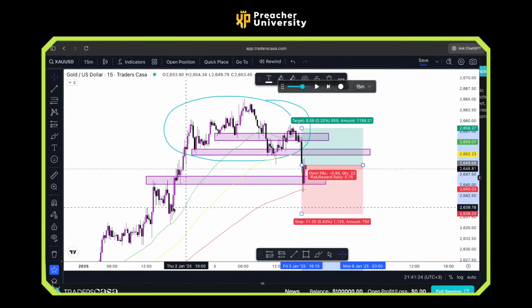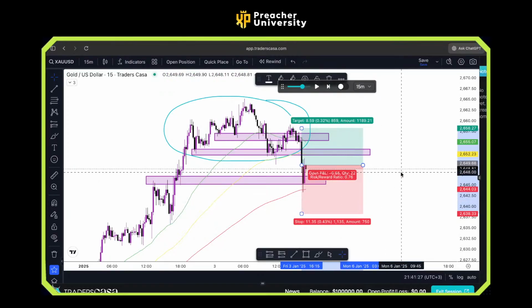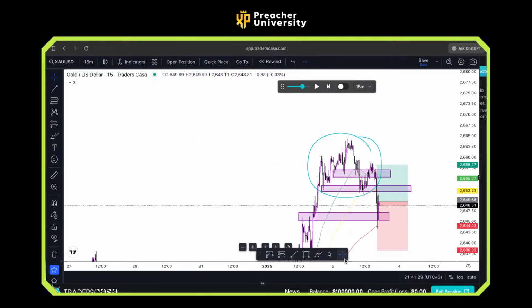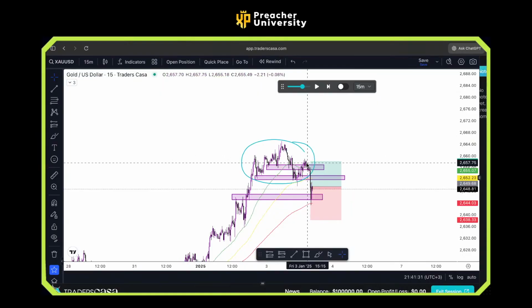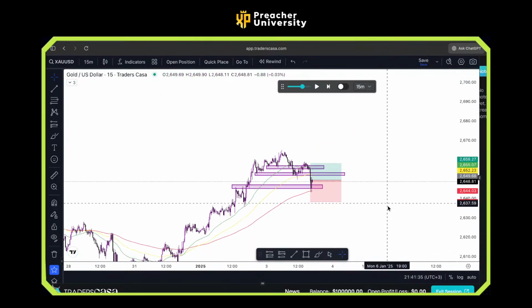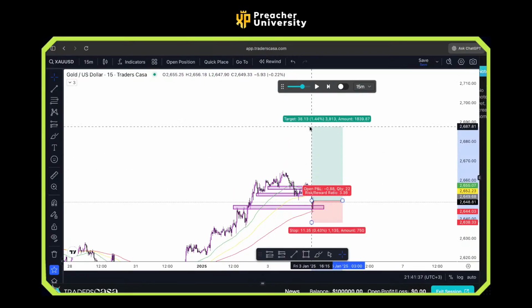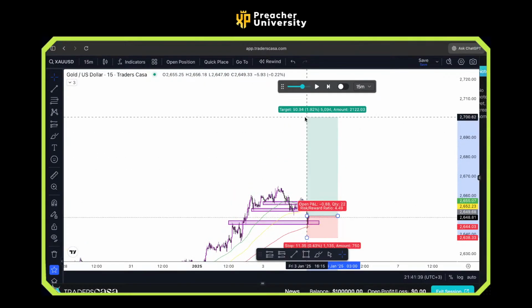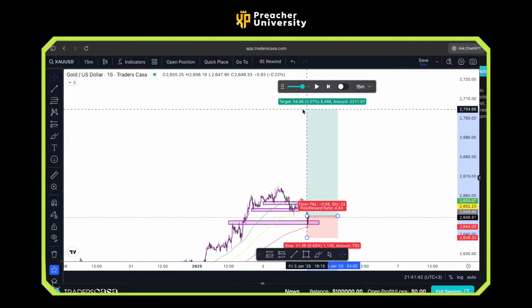So I would choose a place like this, and you realize this is about 100 and something pips. And for this one, we would be looking for 1:5 for us to completely get out of this trade.